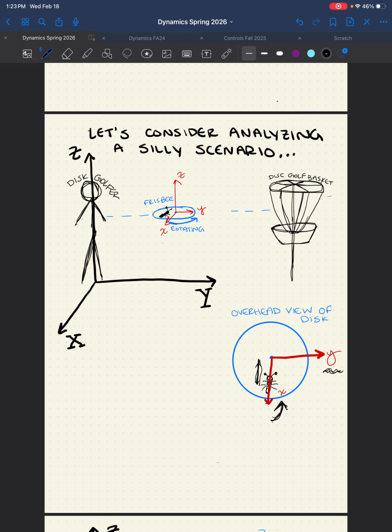But let's add a few notes here, okay? So I'm going to add some notes to say that big X, big Y, big Z stays stuck to the page, and it doesn't move.